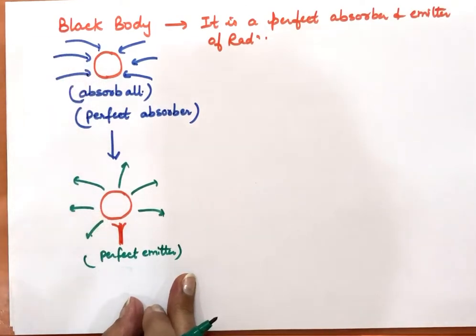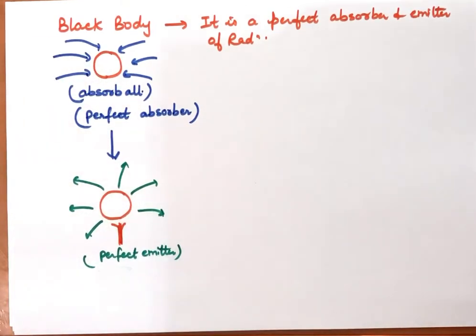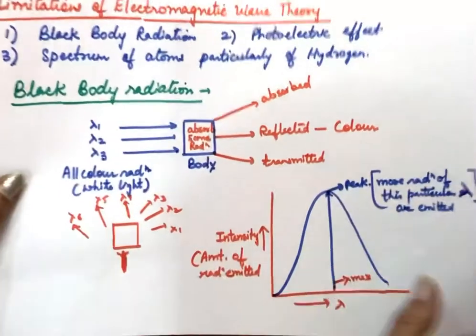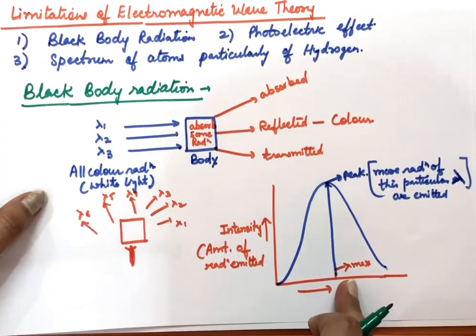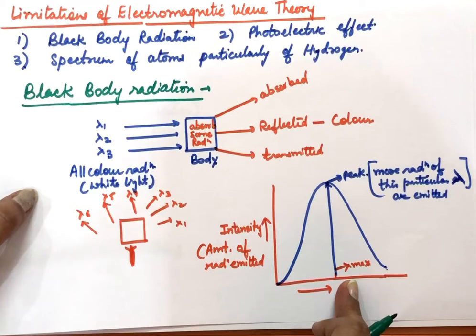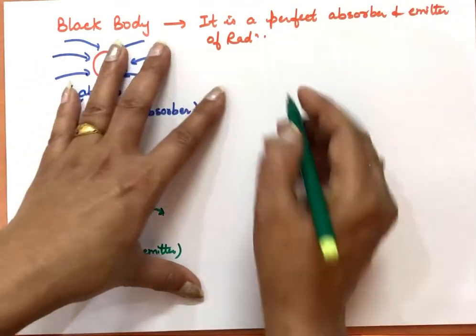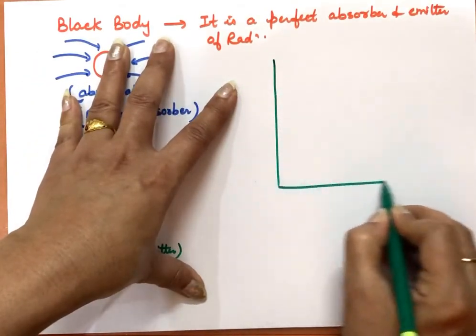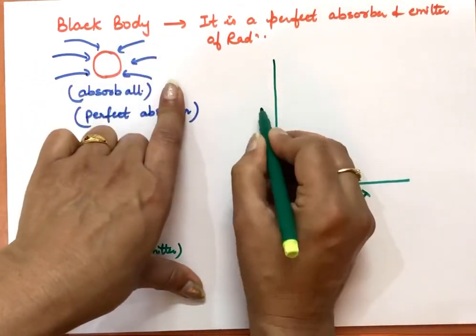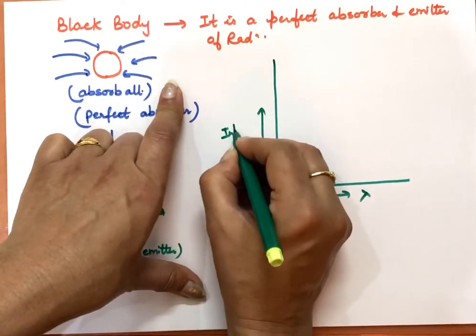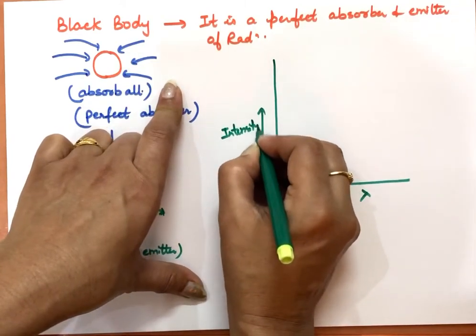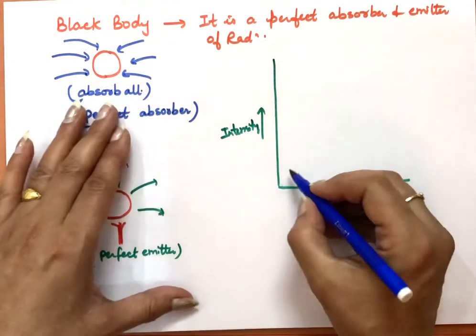So now we are taking the black body to do the same phenomenon that we were doing here. The same kind of graph we will plot for this black body also, and see whether we are getting the same graph or the graph is a little different. Again, one side we take wavelength, the other side the intensity, and the theoretical curve is like this.